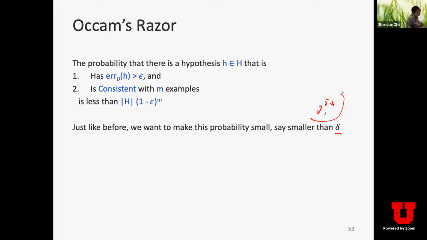So let us try to do that. Suppose I want to make this probability small, say smaller than some given threshold delta.